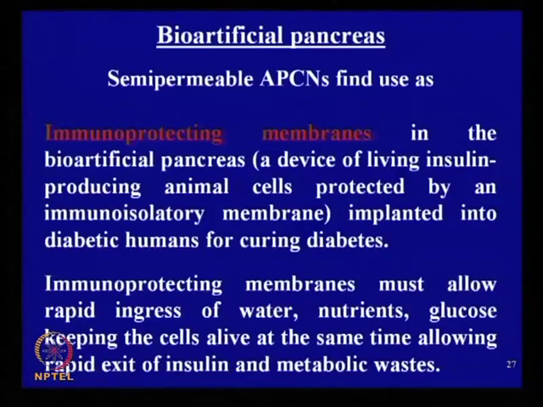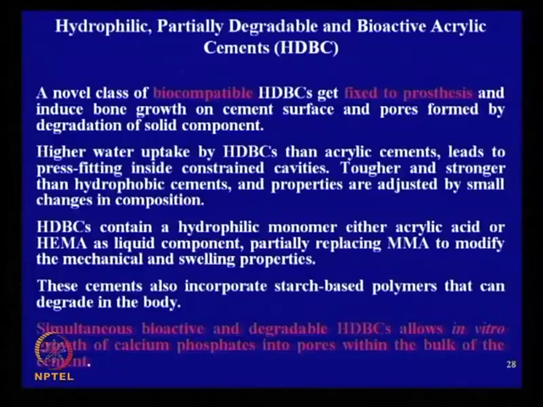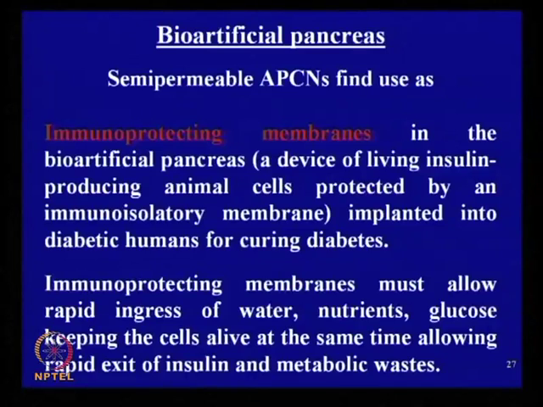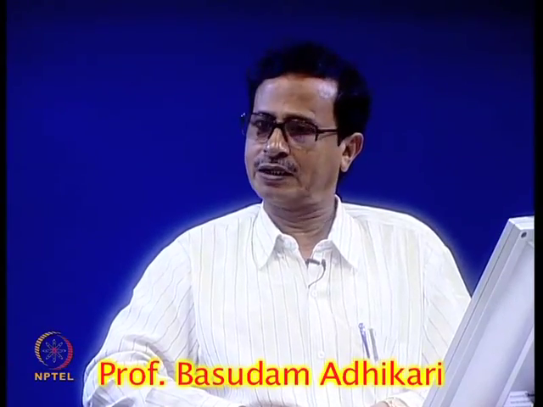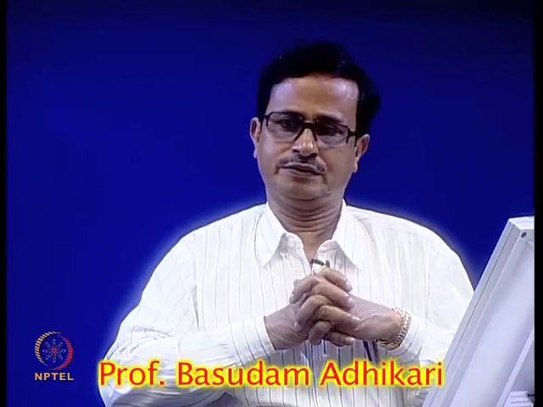Okay. So, this bioartificial pancreas can be made with such types of polymer networks, because these are mostly hydrogels and their hydrophilicity, hydrophobicity are all regulated by regulating their compositions. Thank you.